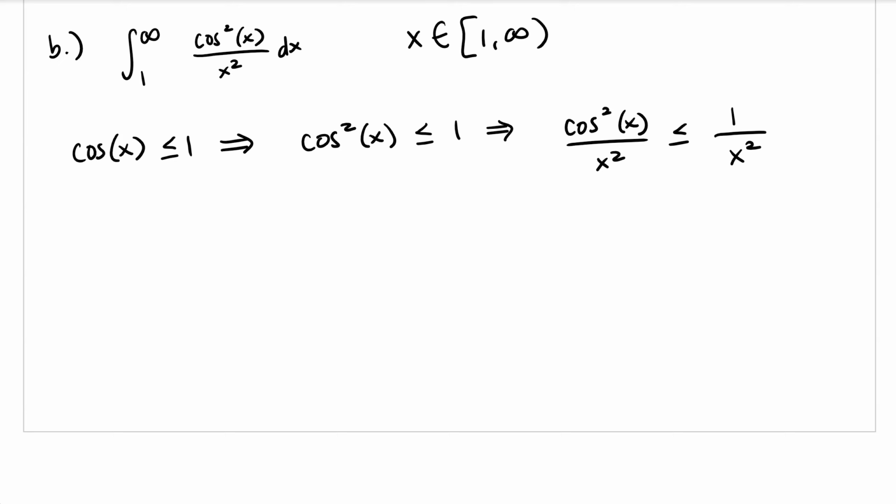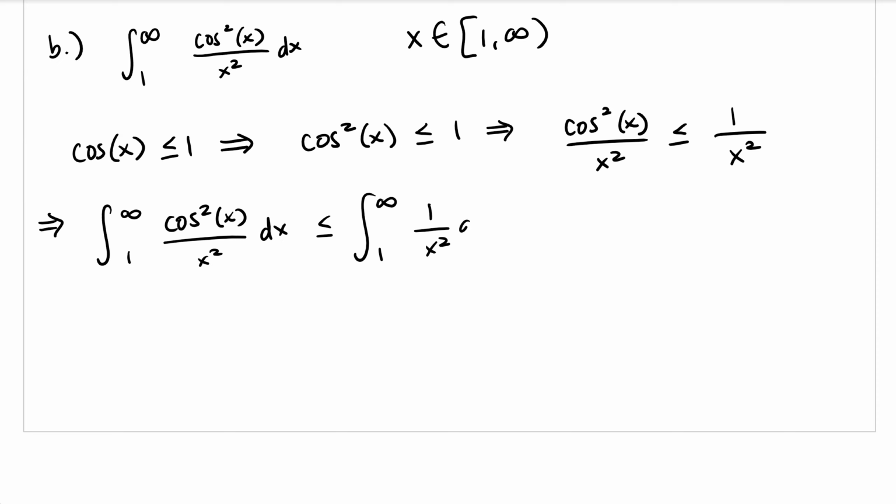And so in this scenario, because of the direction of our inequality sign, and 1 over x squared being the larger function, this implies that the integral from 1 to infinity of cosine squared x over x squared dx is less than or equal to the integral from 1 to infinity of 1 over x squared dx. And it's sufficient here.